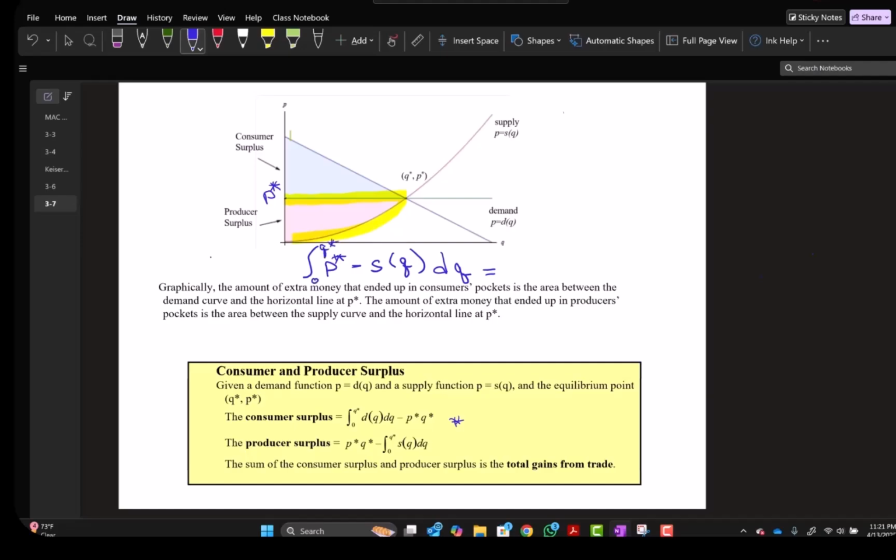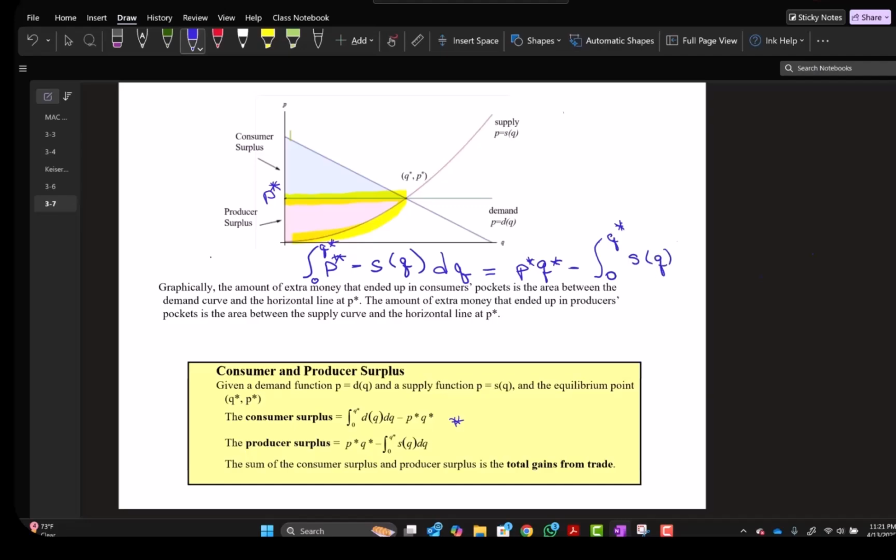I can split this into two different integrals, and when I do, P asterisk is really just a constant, so that's going to equal P asterisk Q asterisk, my equilibrium price times quantity, minus the integral from 0 to the equilibrium quantity of the supply curve, whatever that is.